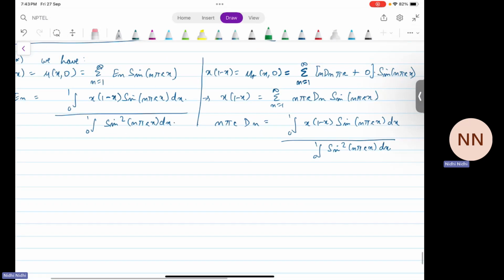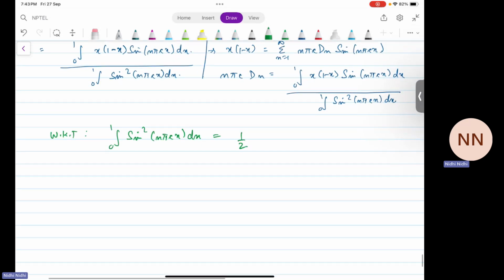We know that this denominator, the integral of sine square n pi x dx, you can evaluate, will turn out to be 1 by 2. Now all we need to evaluate is the integral 0 to 1 x(1 minus x) sine n pi x dx.